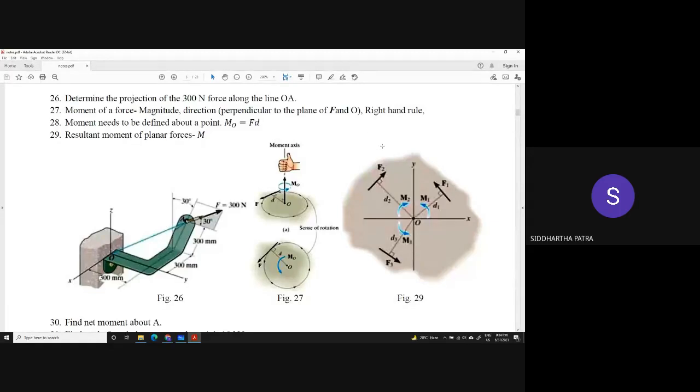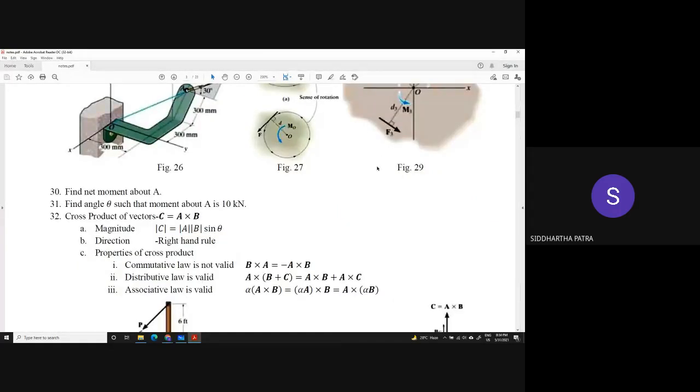So later on, you'd see again one more obvious thing, that the cross product is the most efficient way of representing a moment. But before going into that, let us introduce ourselves to cross product.